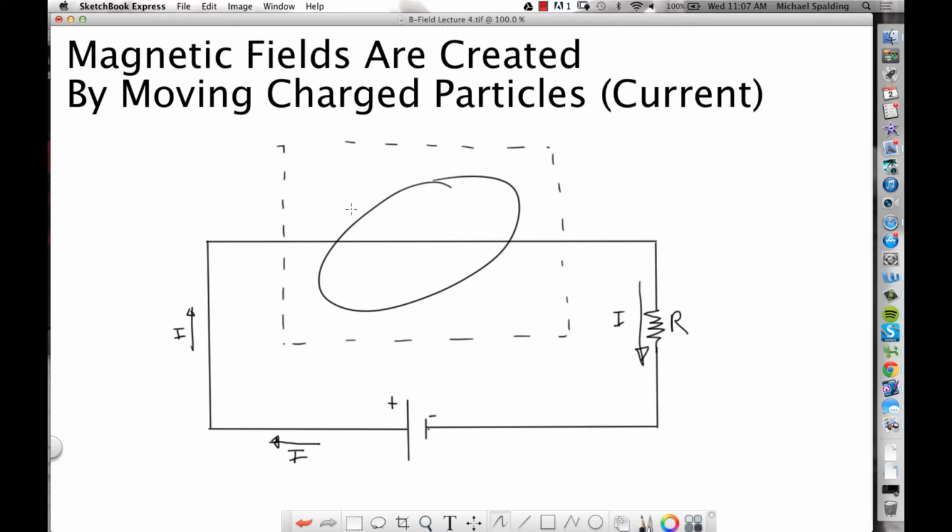What is moving through these wires? Electrons. Current in a wire is simply moving charged particles. That's all it is. So what will be present around a wire with current in it? A magnetic field, right?